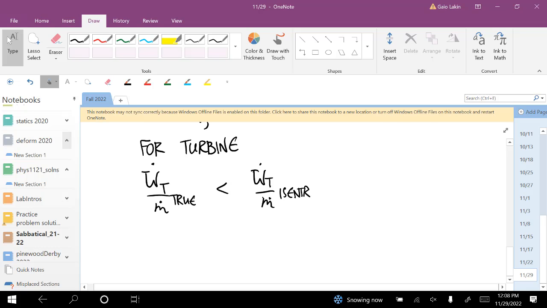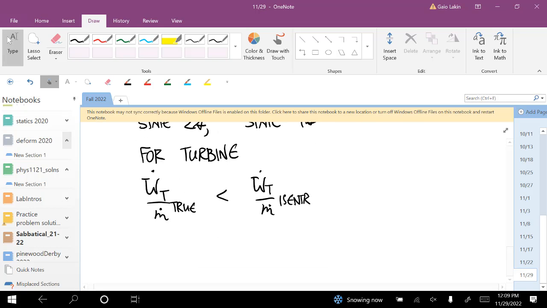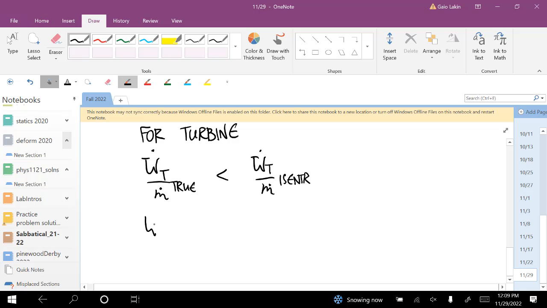what you need in this case is, since this isentropic efficiency is less than 1, you can rewrite this as WT dot over M dot true is equal to the isentropic efficiency for the turbine times WT dot over M dot in the isentropic case.